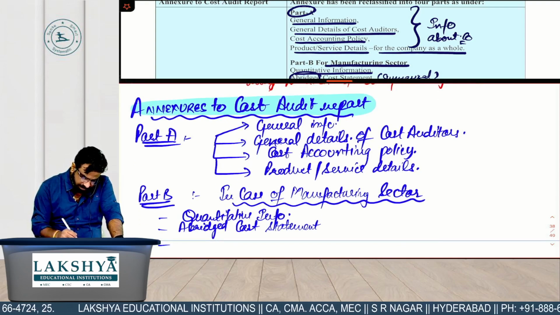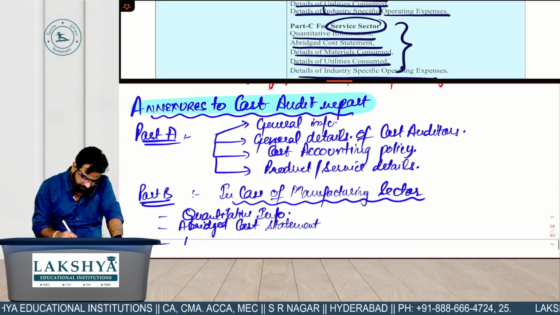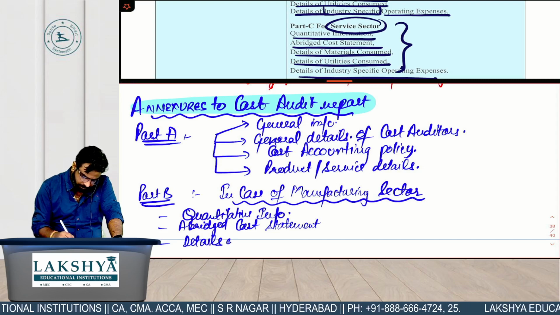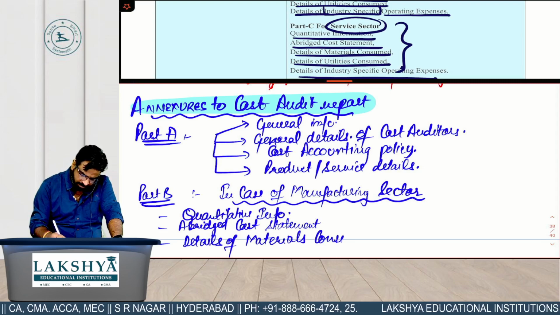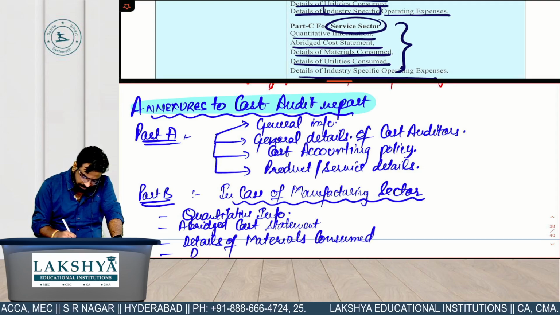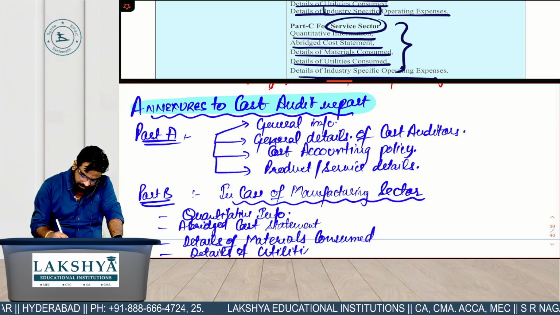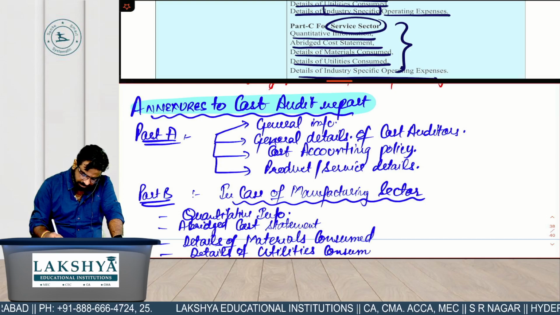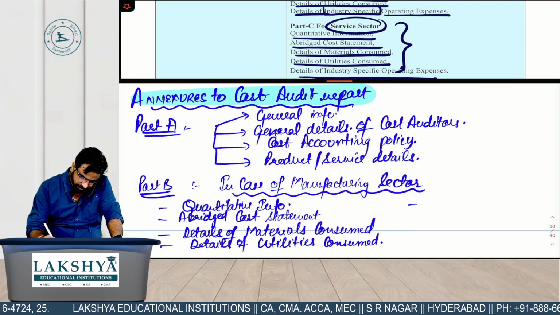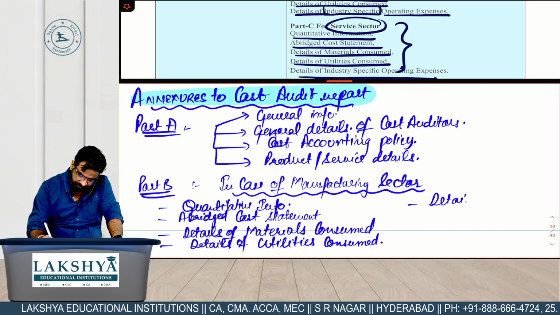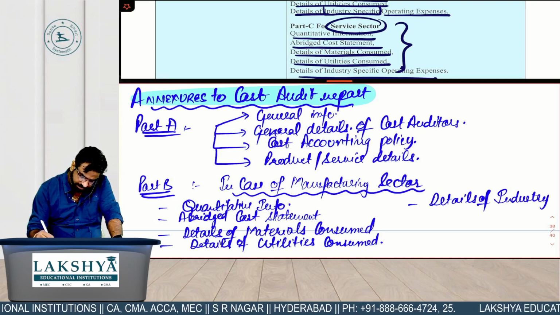Then details of materials consumed, then details of utilities consumed, and fifth one is details of industry specific operating expenses.